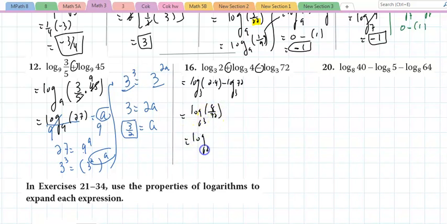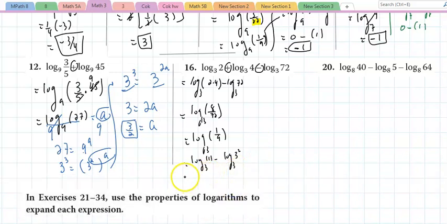And I know that 8 divides 72 9 times. And isn't that log base 3 of 1 minus log base 3 of 9? 9 is 3 squared. And wouldn't that be a 0 minus a 2, which is a negative 2?